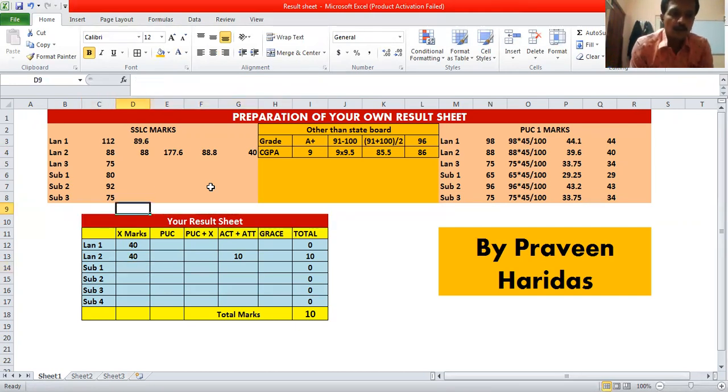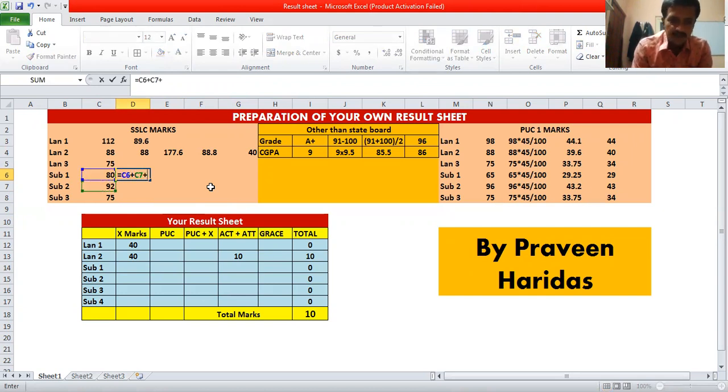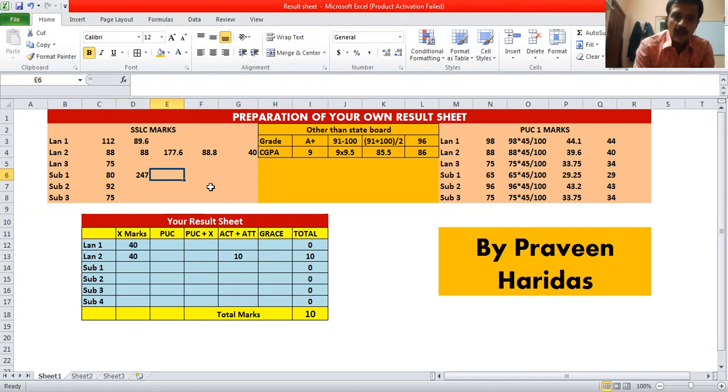Okay, now after completing this language part, the next is the subjects. First you need to take the total of your subject marks. In this case it will be 80 plus 92 plus 75, which is 247. This 247 should be divided by 3 in order to get the average marks per subject.